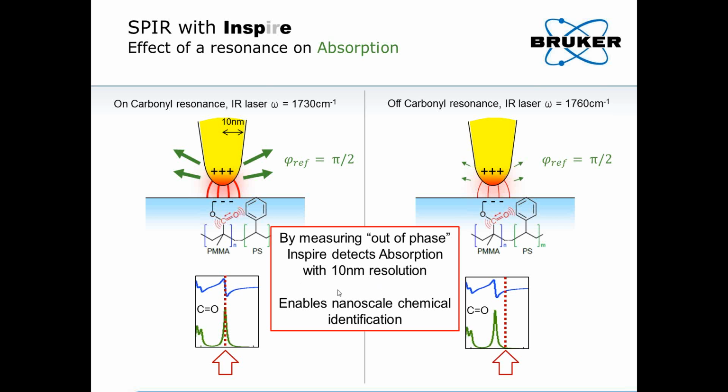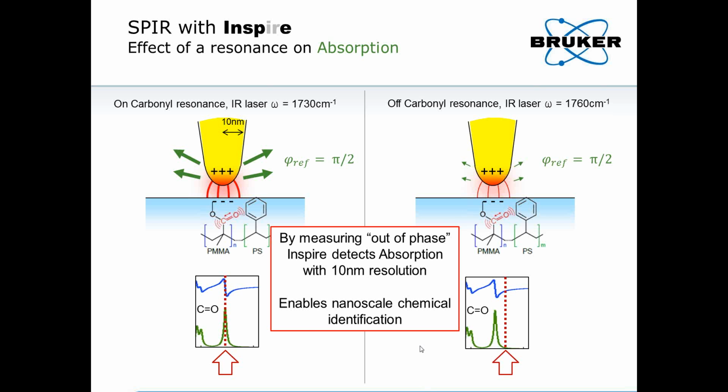And it's possible to measure this infrared absorption with 10 nanometer resolution, because that is the radius of the tip. It's the tip radius which determines the extent of confinement for this near-field interaction, just like in this cartoon.